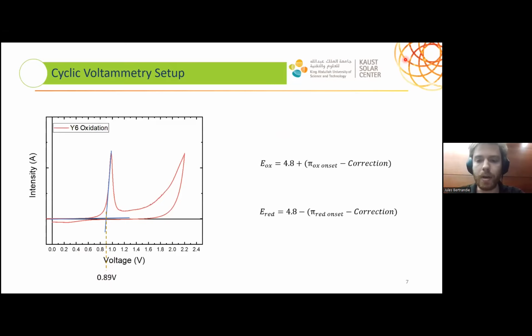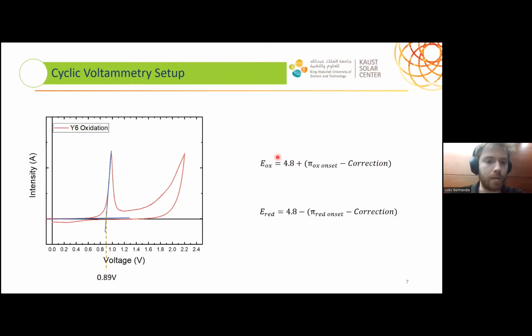After that we use those equations where you have your HOMO here and your LUMO here. Here it's the constant of the ferrocene versus the vacuum level, since we use the ferrocene as reference. Here it's the oxidation onset that we measure. And there is also a correction of the ferrocene versus our reference electrode.